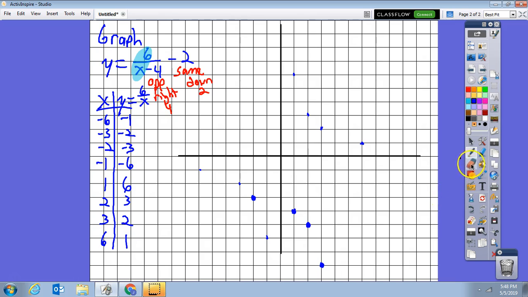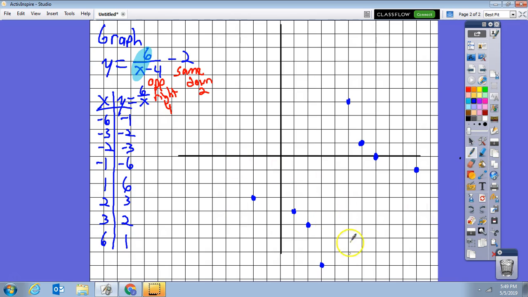So we move all of our points right 4 and down 2. We do the same thing over here, right 4, down 2, right 4, down 2. Remember, that's one of the points. Right 4 and down 2, sorry about that. And then this one, remember, was one of the original points, right 4 and down 2. So we move our entire graph right 4 spaces and down 2.